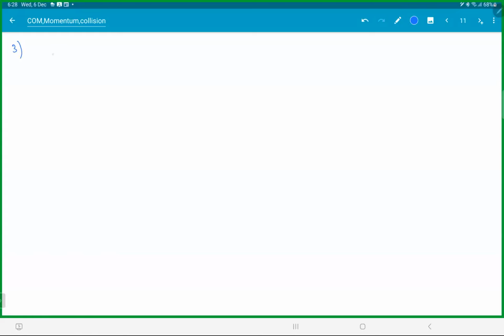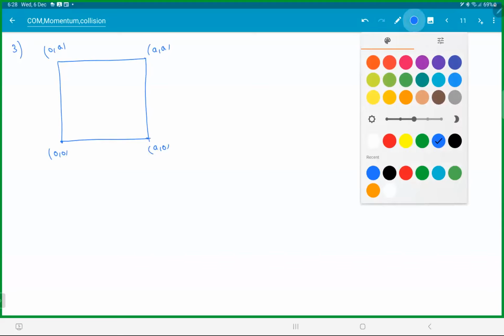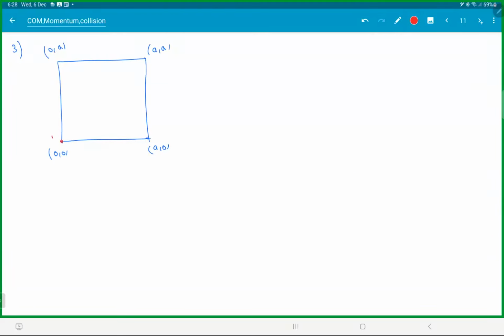This is not exactly a question, it's theory also, but let's do this. It is one of the very important statements. Let's say we have a square, with m here, 2m, 3m, and 4m.